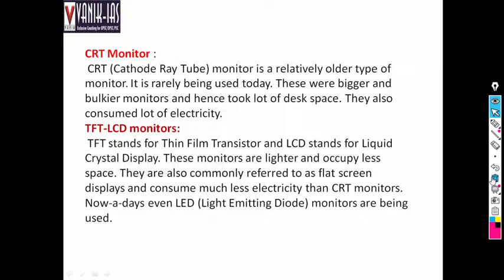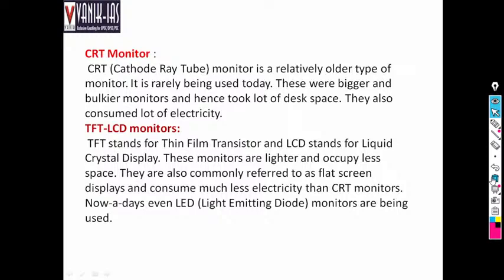Or we can do one more thing, that is producing those equipments which are energy efficient. So we have changed fluorescent bulbs to CFL bulbs or LED bulbs. Similarly, in the case of computers also, we are changing the cathode ray tube monitors to LCD or LED, right?